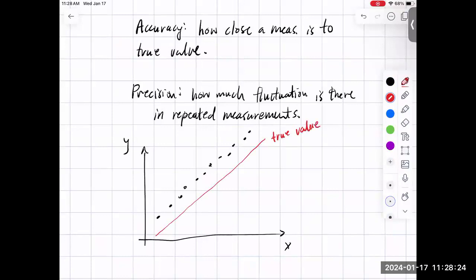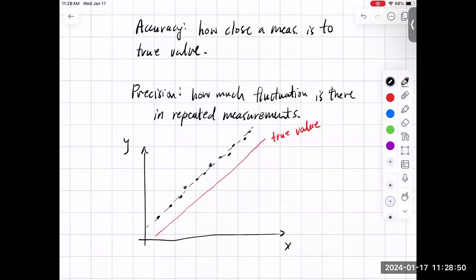So what we would say about this kind of data is that the precision is quite good, because there's not a lot of scatter about a straight line that we could draw through these data. If I draw a straight line through the data, there's not a ton of scatter about that line. That means there are not many fluctuations, and so we have high precision here.